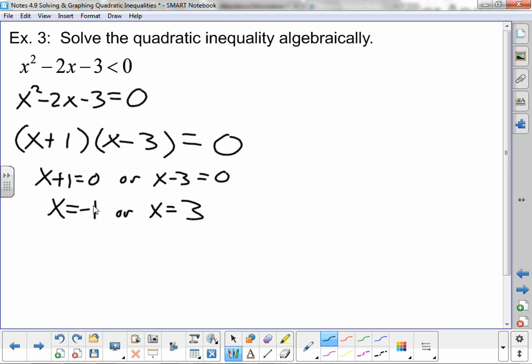That doesn't really tell you much of anything. All that tells you is that if you're going to graph this thing, then your x-intercepts would be there and there. So that doesn't help. So what we're going to do right now is figure something else out. So basically, we know that at negative 1 and at 3, we have some x-intercepts.